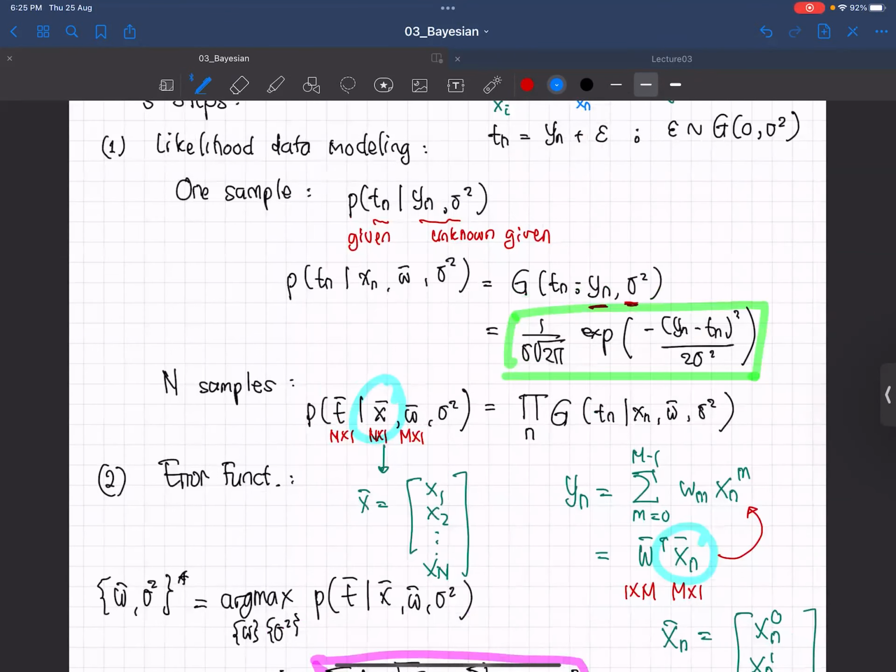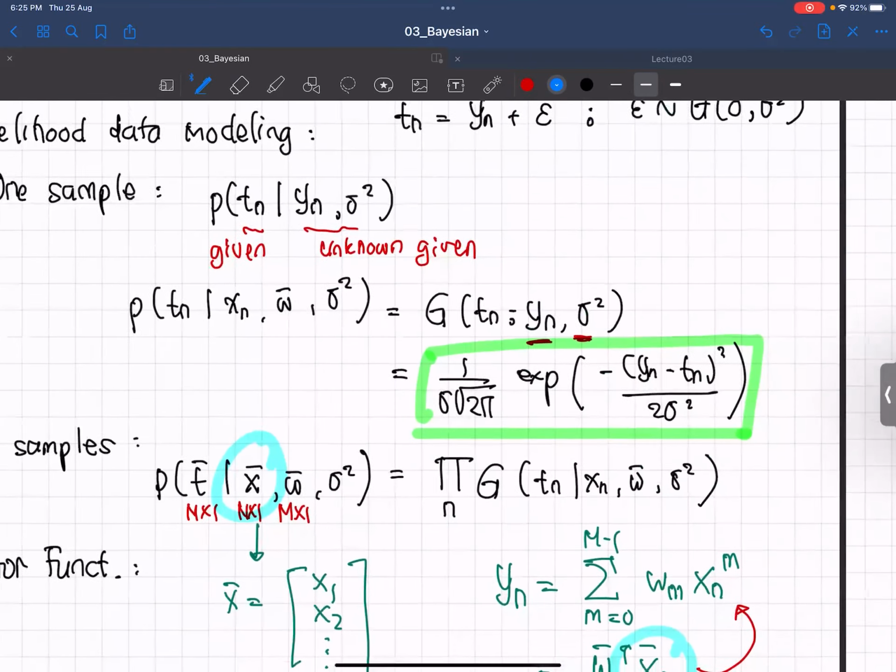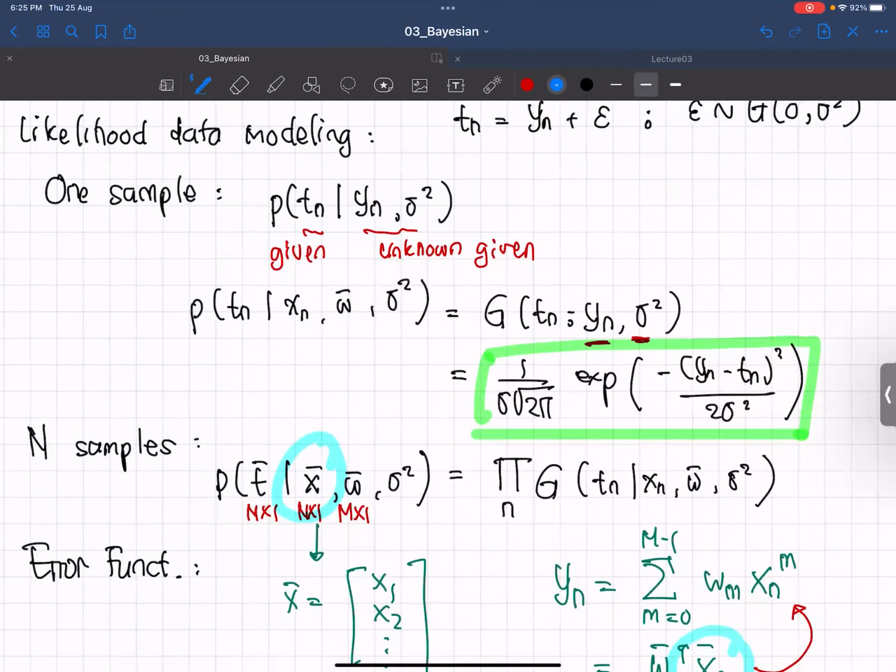The probability in the green box there: given Vn, what is the accuracy of Yn? So if Yn and Vn are very close, 0, for example, regardless of your sigma, it will be the highest, right? That's the Gaussian, because the mean is here, the mean is yn. Look at this equation again.